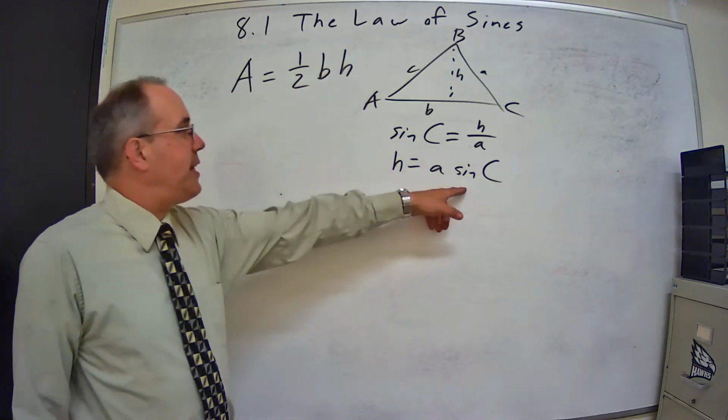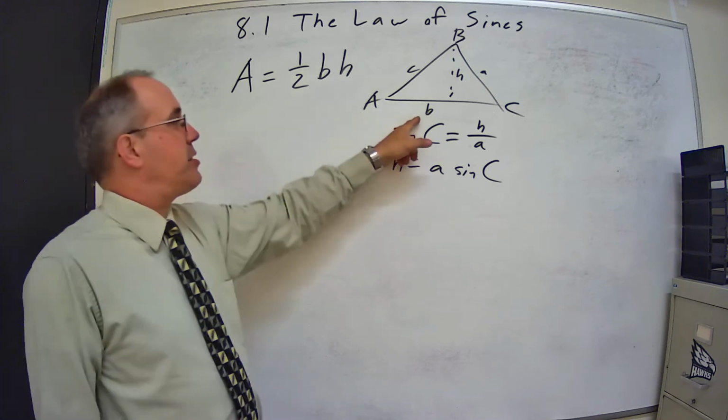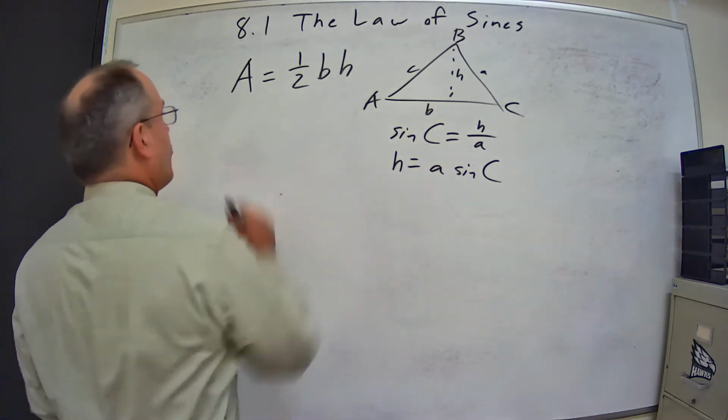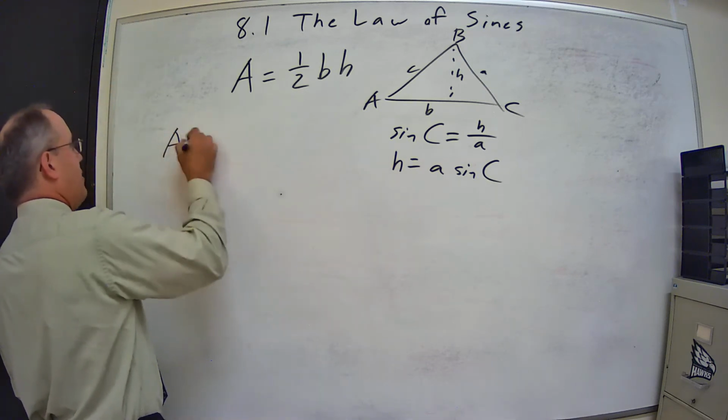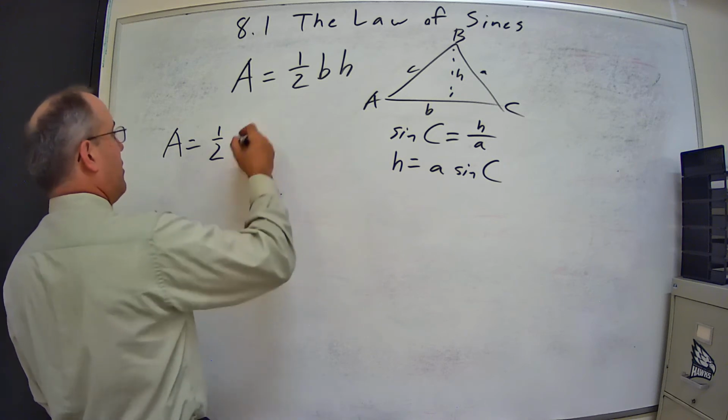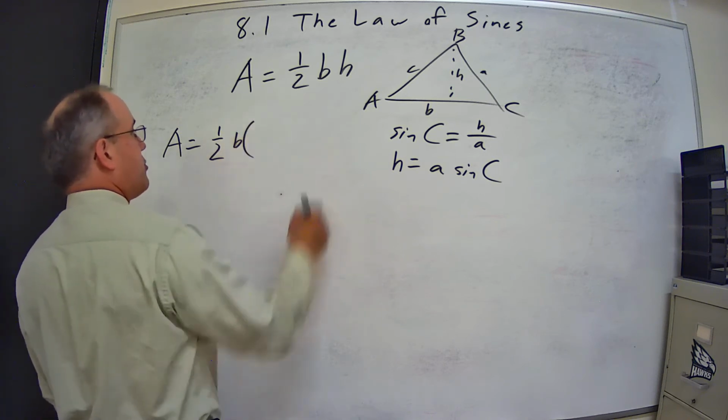If I take that information, knowing that B here is this side here, the base, I can now rewrite this and say the area is equal to 1/2 the base times the height.